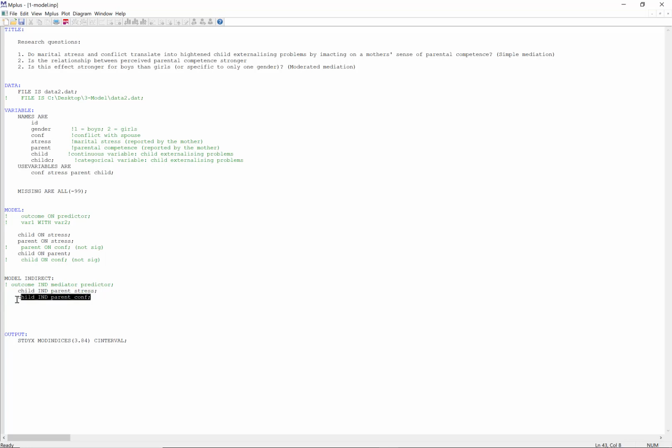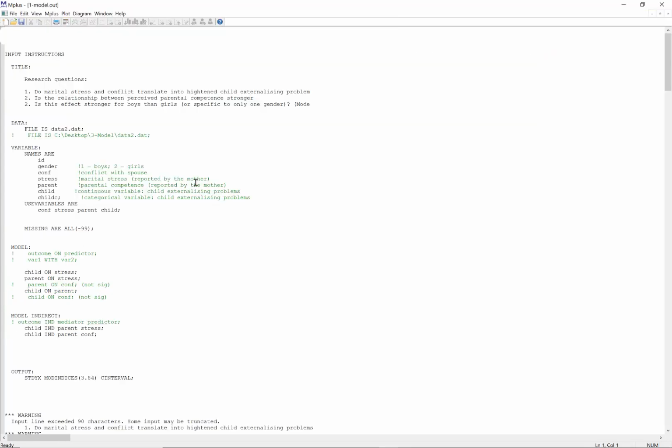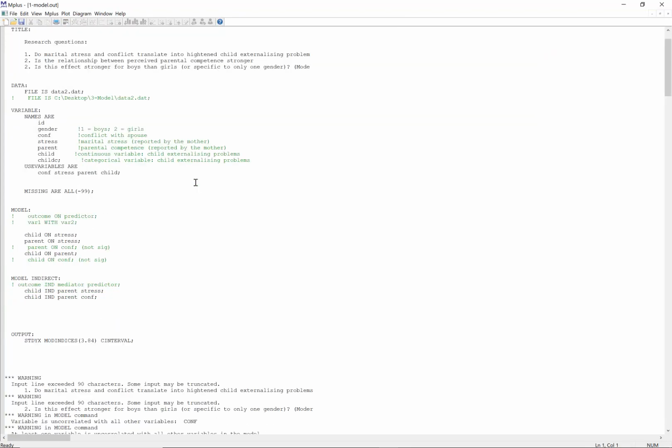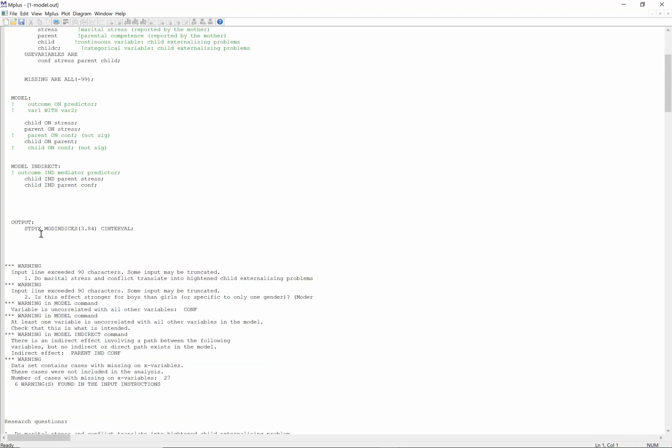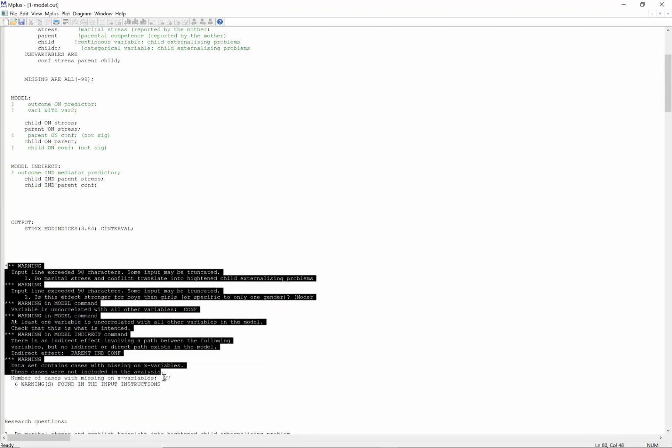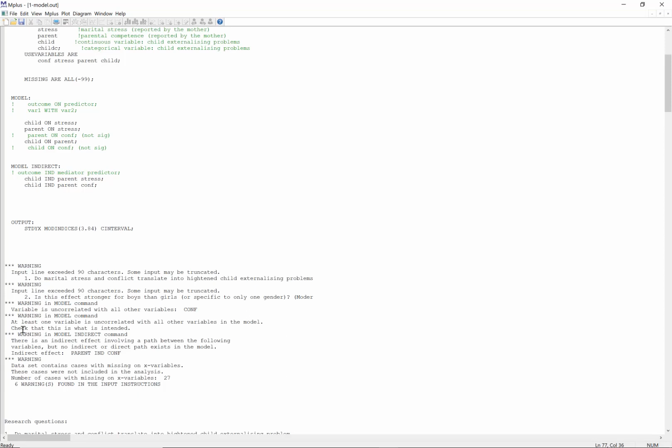So in fact, we should have been quite careful and deleted this as well. And actually, because this is something that we should have done, taken it out, when you run the model and you get the output file opened on top of the input file, and you scroll down a little bit and see these warnings, you now have an extra warning that you didn't have before.